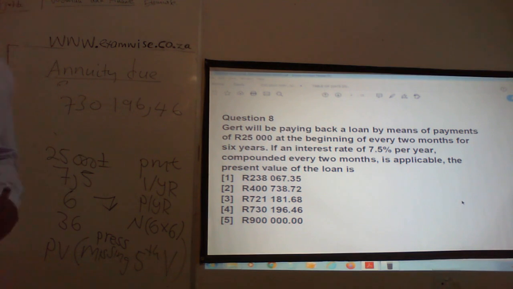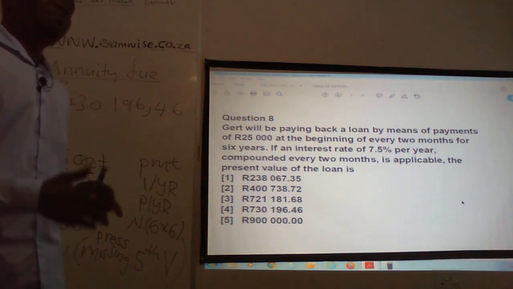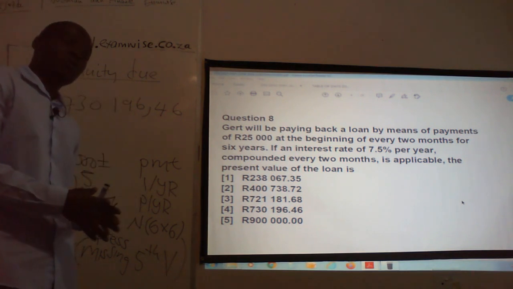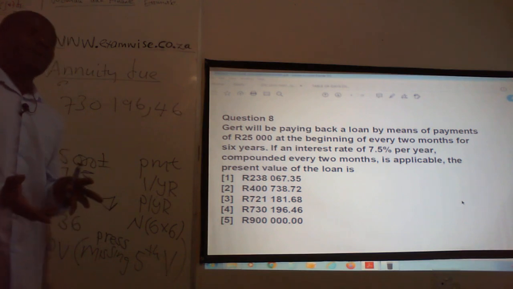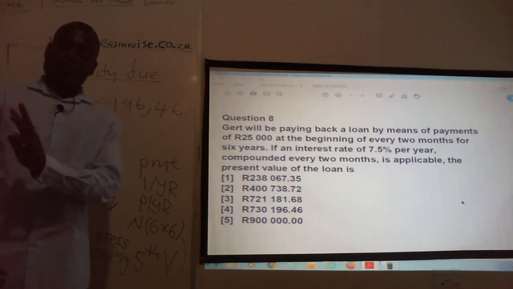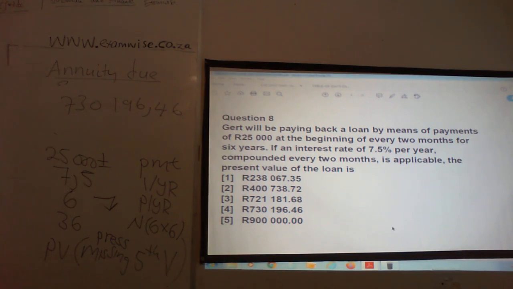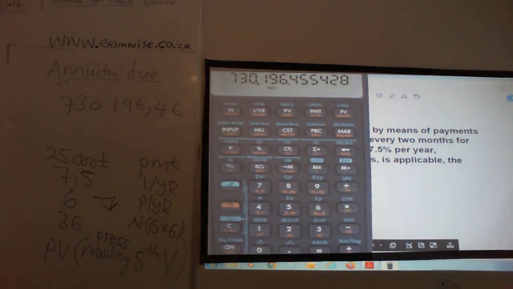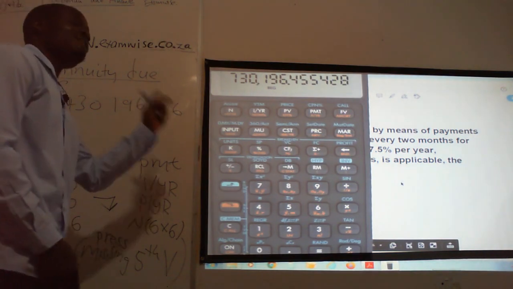And then another tip which I want to share with you: the questions which cover beginning mode are not too many. We might have 1 or 2 questions for the whole exam paper. So once you finished the question in which you used the beginning mode, please let us remove our calculators from beginning mode.